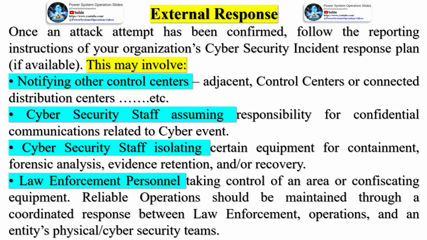Once an attack attempt has been confirmed, follow the reporting instructions of your organization's cybersecurity incident response plan if available. This may involve notifying other control centers, adjacent control centers, or connected distribution centers, etc. Cybersecurity staff assuming responsibility for confidential communications related to the cyber event.